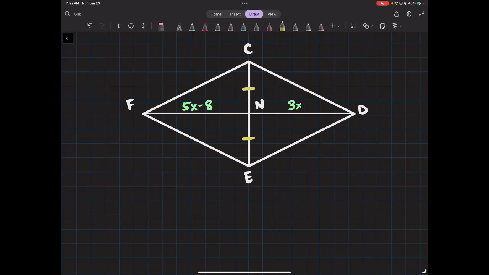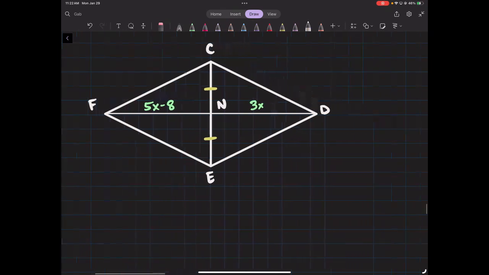Okay, you guys already have CN is congruent to NE. That's one diagonal. Checked off. You don't have to worry about it. Okay, they already have it marked. The other one that you need both halves to be congruent is what? FN and ND. Okay, so you're gonna start by writing that again.